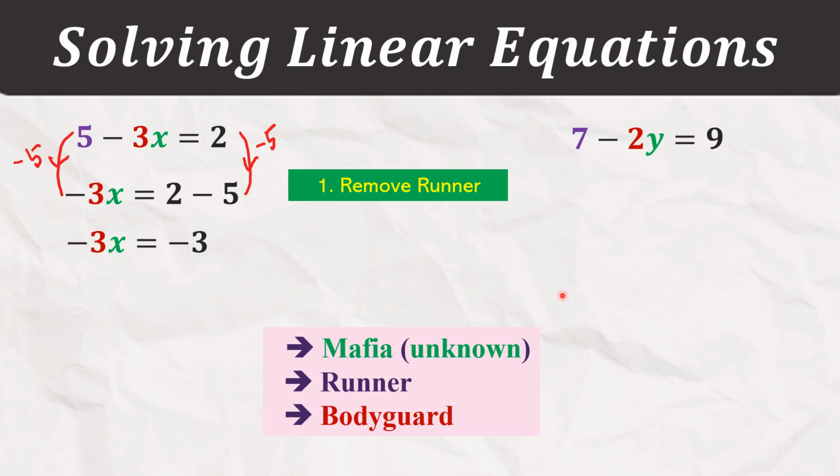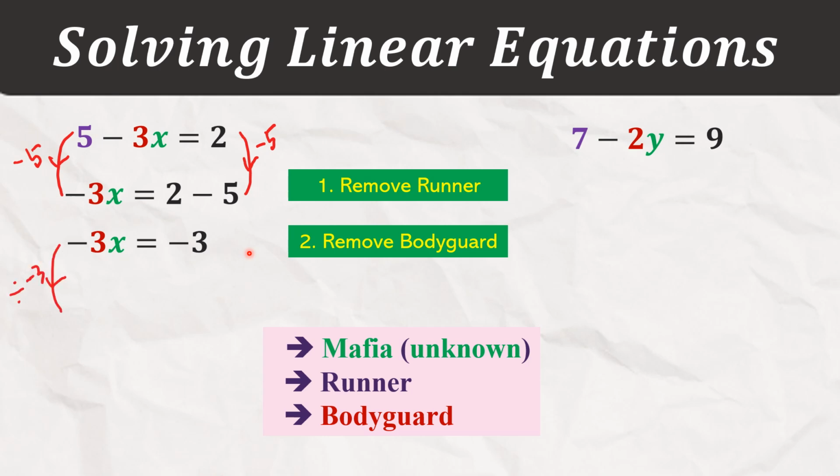Now, once the runner is removed, I need to remove the bodyguard. The bodyguard is the number that sticks to the mafia. To do that, I need to remove the operation. What is the operation here? This is negative 3 times x. To remove it, I simply need to divide by negative 3.